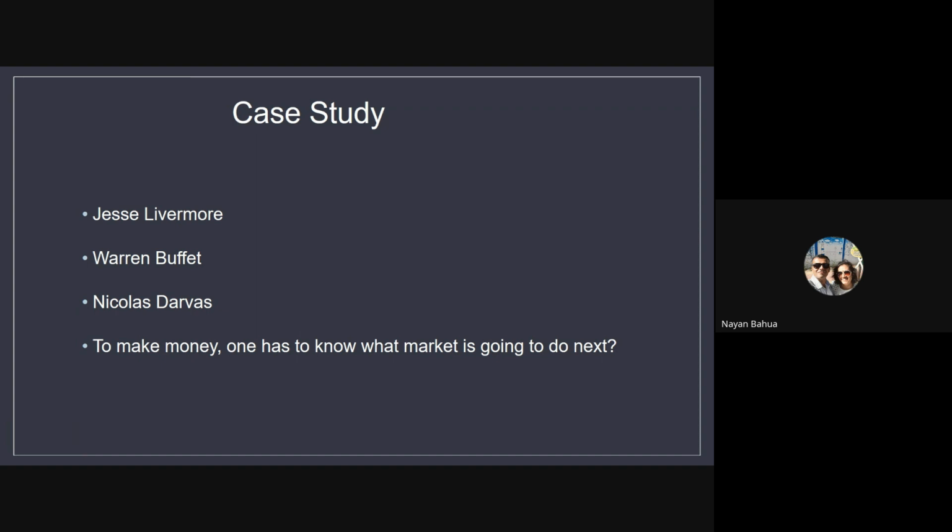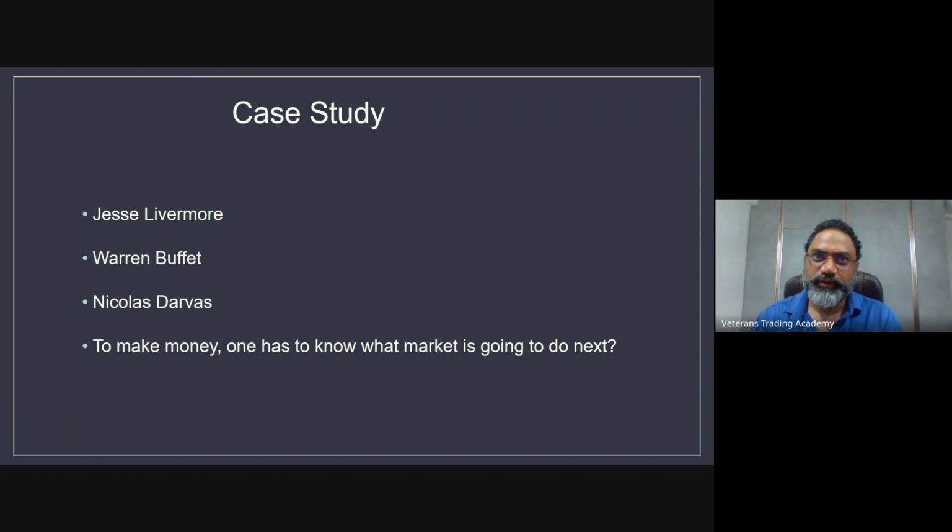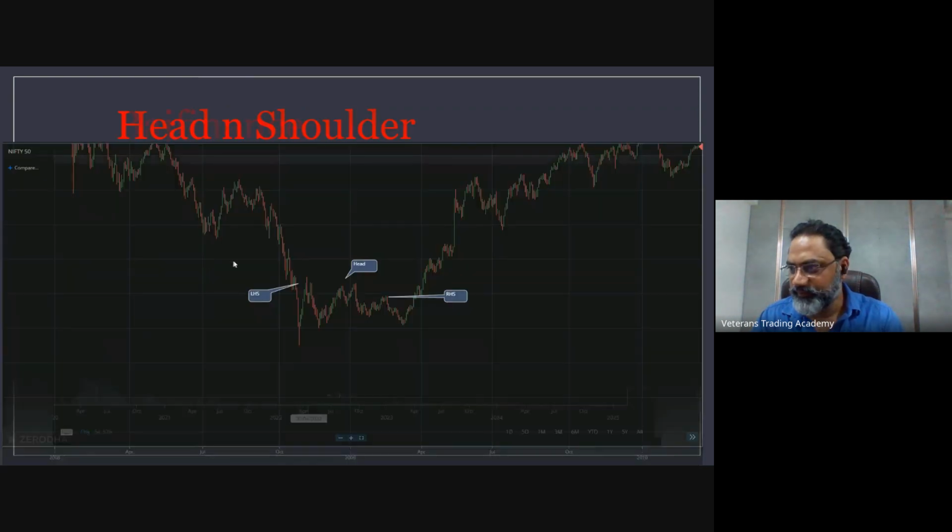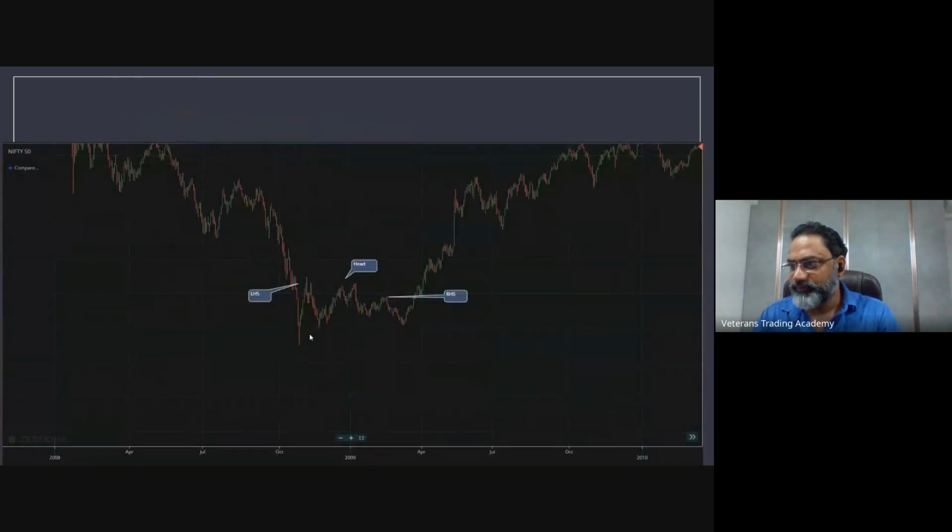Wouldn't it form something like a triple bottom kind of structure? You can call it a triple bottom also. This was the pattern, so it can be called a triple bottom also, because यहाँ पे एक bottom बना है, यहाँ पे एक bottom बना है, यहाँ पे भी एक bottom बना है.